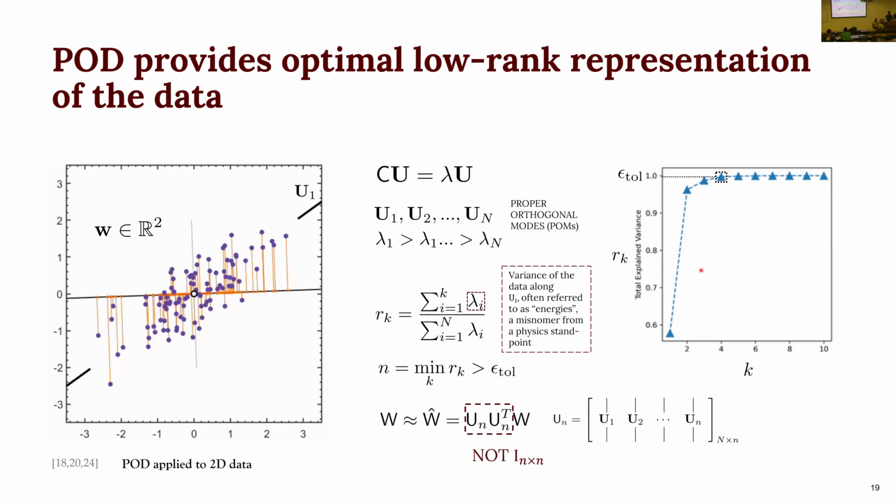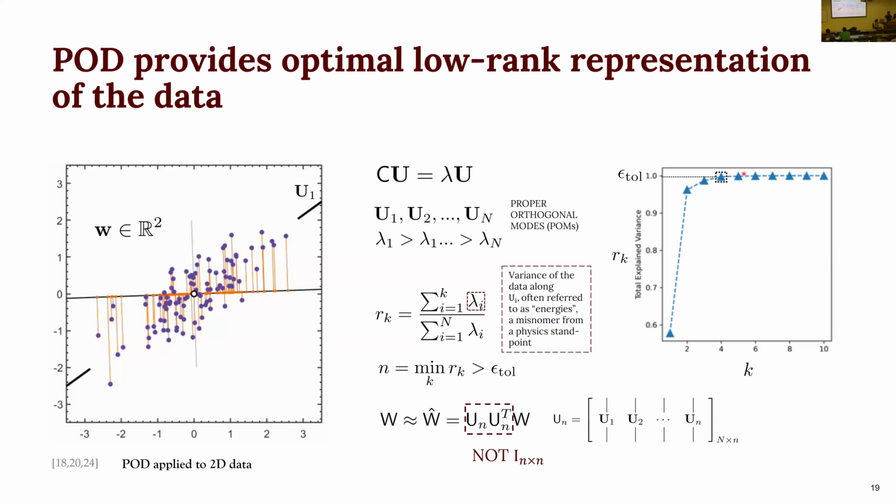So what we want to do is include a certain number of modes such that the resulting subspace spanned by those modes captures a predefined variance of the data. Often we decide this epsilon tolerance number, which is often close to 1, for example 0.99 or 0.9999.